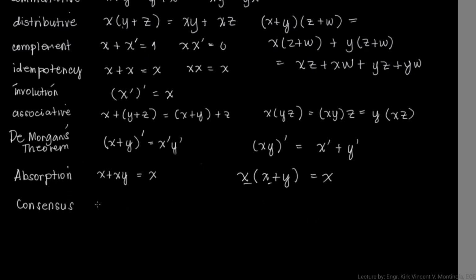It says that xy plus x prime z plus yz. Then you can actually factor out the z, or you can factor out the x.